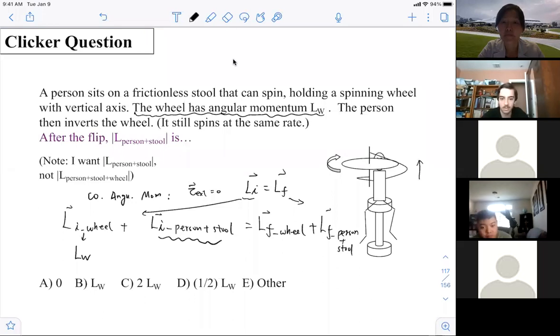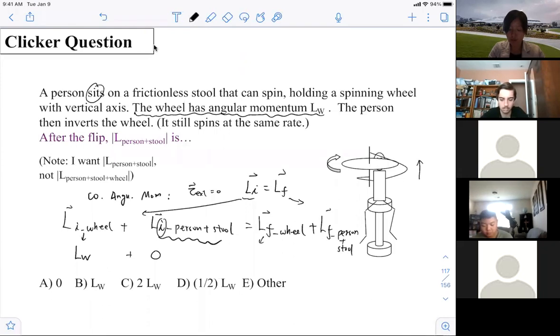The person and the stool? Yes, so initially, it's 0. Very good. Thank you all for also responding in chat. It is 0 because the person simply sits there holding the wheel. The wheel is spinning, the person was not.